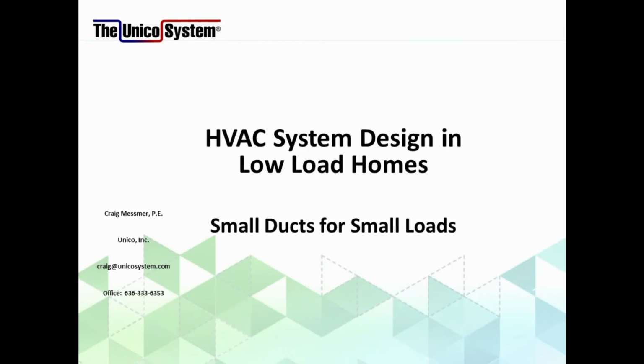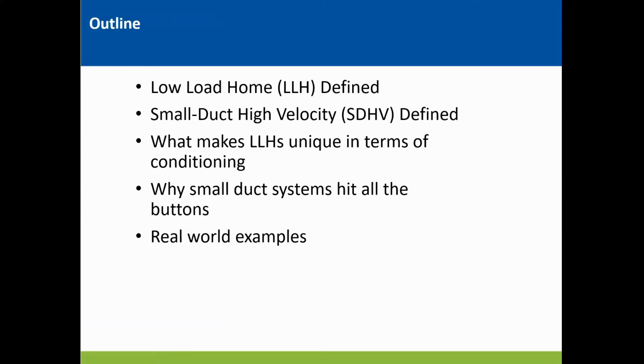I'm going to present small ducts for small loads, the use of small duct high velocity systems in low load homes as the best system for these types of applications. The way I've structured this presentation is to first give you a definition of what a low load home is. You may or may not be familiar with that, and give you a definition of what a small duct high velocity system is.